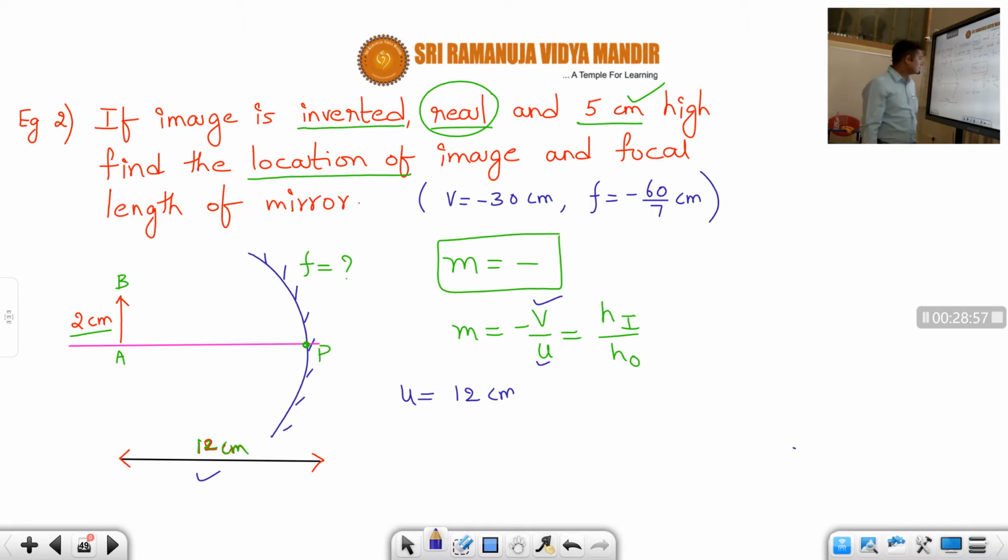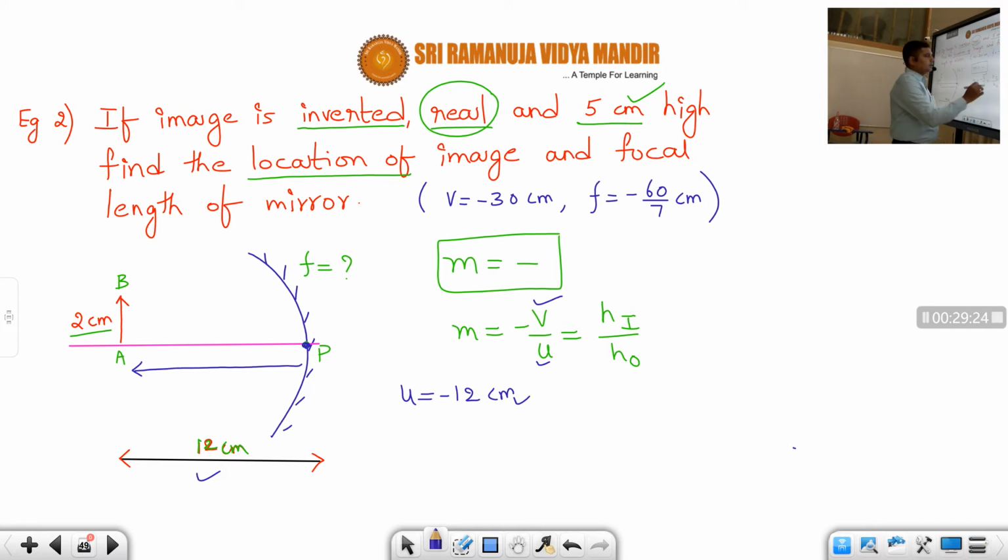No, it is not correct. Why? Because to measure the object distance, you have to start from the pole and go towards the object. So you are going left side, and the standard direction of incident rays is towards the right side. Since you are going opposite to the direction of incident rays, you should always take it as minus. So therefore minus 12 centimeters is correct.